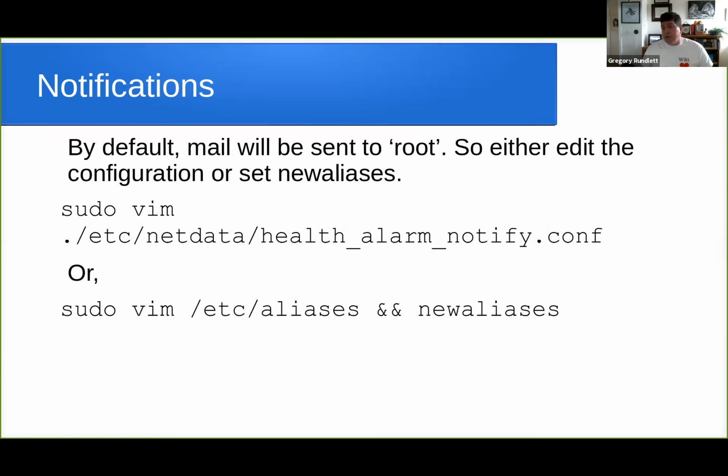So you either need to edit NetData's configuration, or on a Linux host, set the newaliases command. If you see that down here in the lower half of the screen, you just edit the file /etc/aliases.